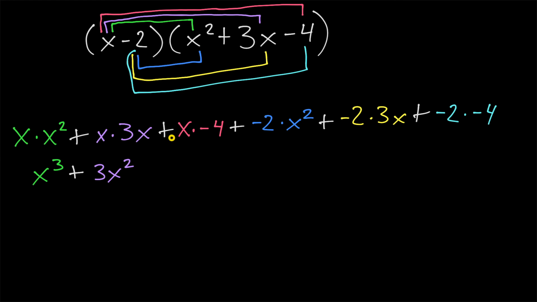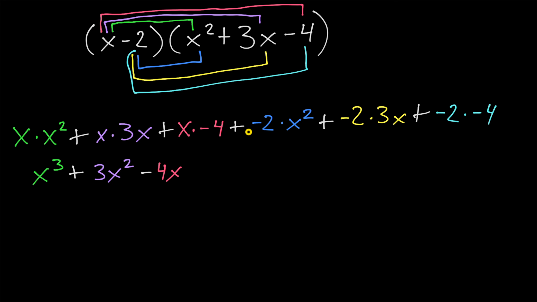Now, it is tempting to put a plus sign here, but look at the multiplication we're going to perform in this term. We're going to multiply x times negative 4. x is positive here. So a positive times a negative is going to give you a negative. So x times negative 4 is actually going to give us a negative 4x.